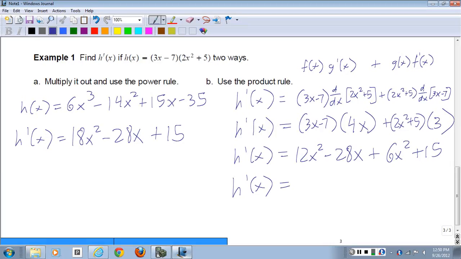And if we combine the x squared terms, we get 18x squared minus 28x plus 15. So, two different methods, but the product rule gives us the same result as the power rule, sum and difference rules gave us, so we're going to trust it, even in those situations where the power rule, sum and difference rules really don't apply.